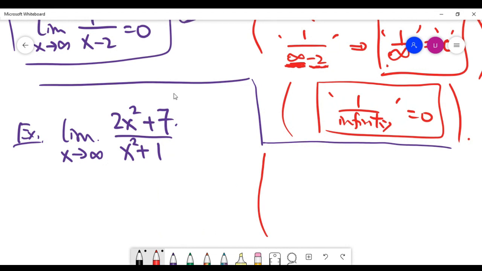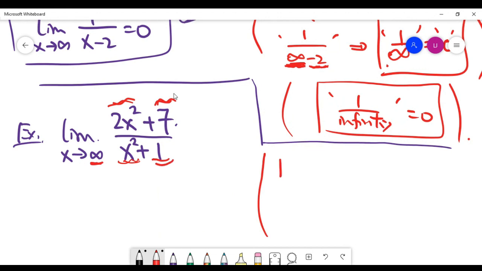The fact is that this kind of constant is so small compared to these terms. Because these terms are just big. If you replace x by infinity, x squared obviously is a huge term. It's the concept of infinity. Same thing for the top, 2x squared. It is still the concept of infinity. But 7 and 1 are so small compared to infinity.